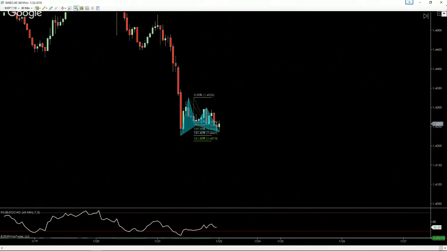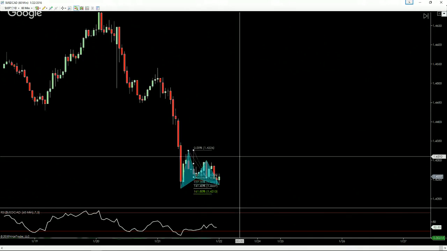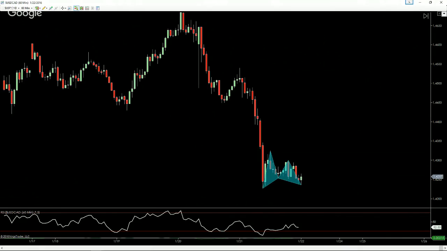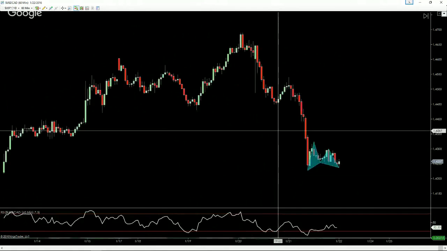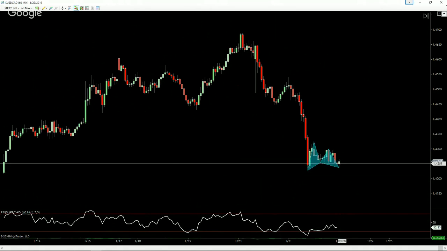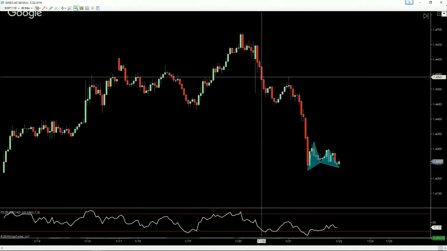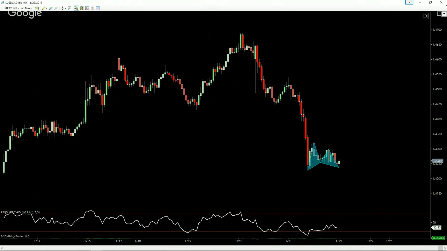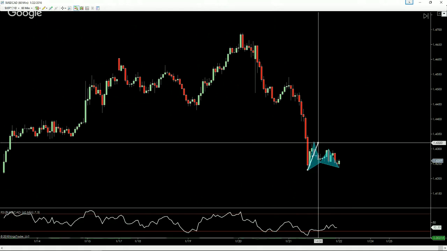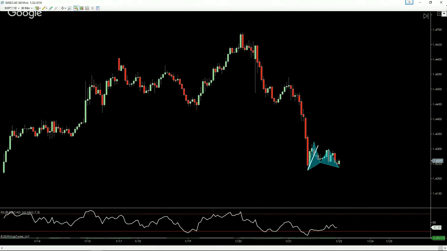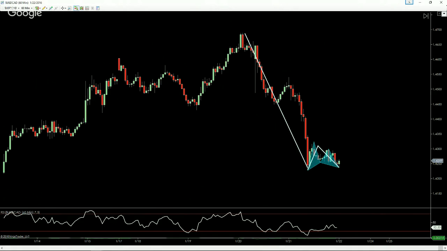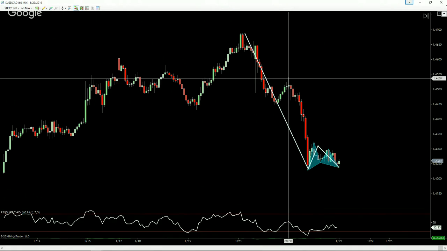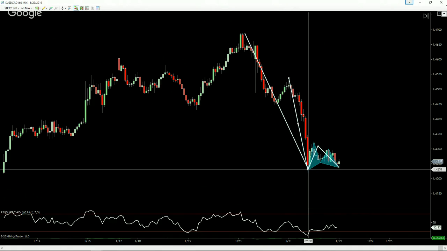Now, like I said, I don't normally show 15-minute patterns on these pre-market analysis videos, but the completion of that Gartley gives us a double bottom right there, and this move right here, or even this move right here.